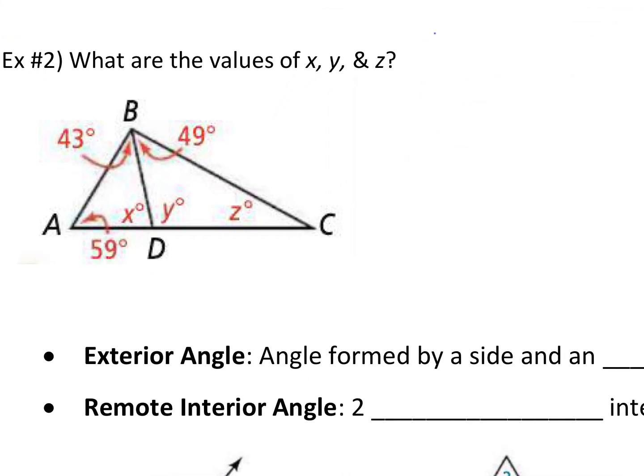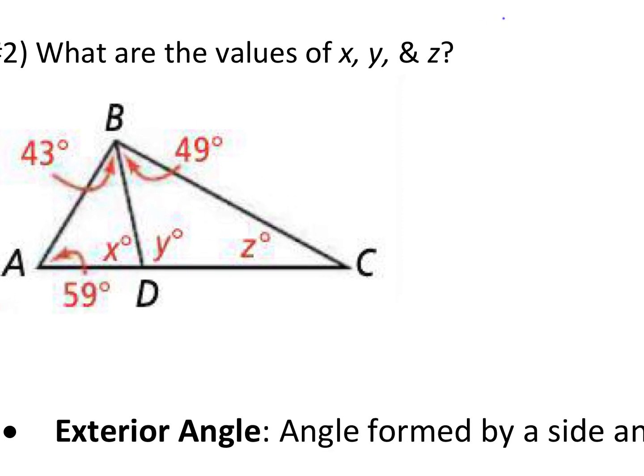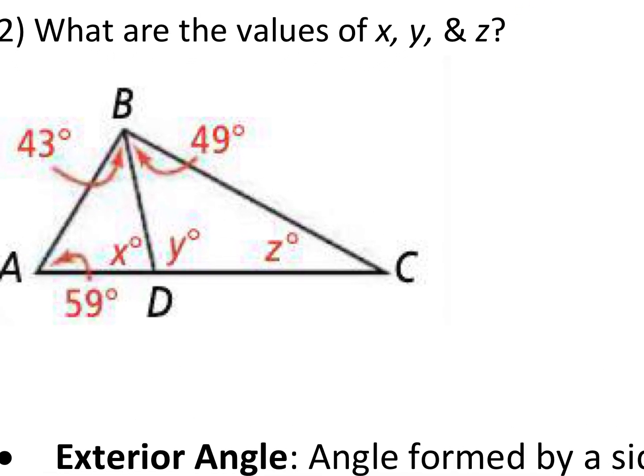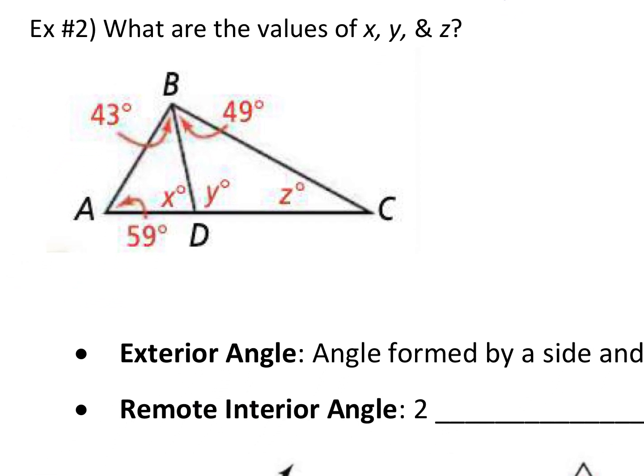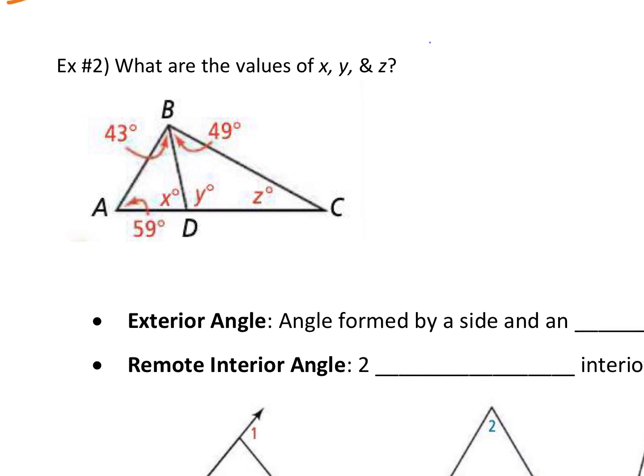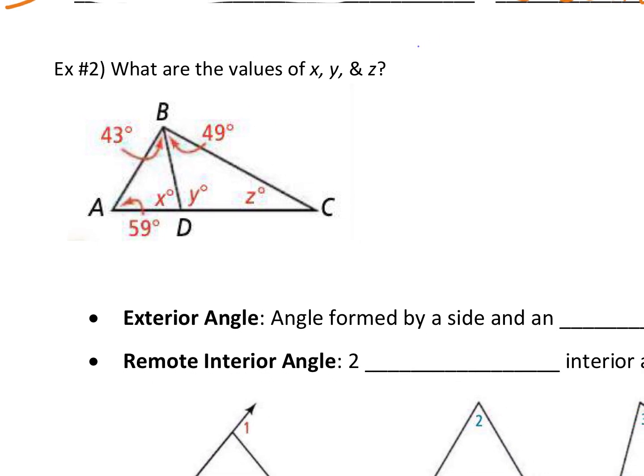I love this stuff. This one asks you for the value of x, the value of y, and the value of z. First of all, how many triangles do you see in this picture? 3. There are 3 triangles. Do you see them? You have this triangle, which means 49, y, and z should add up to 180.